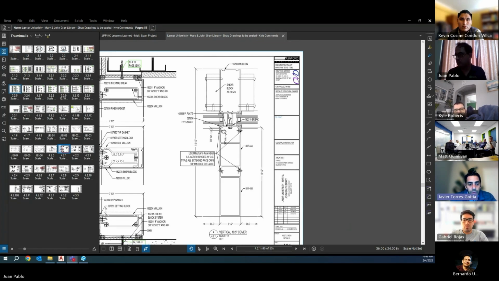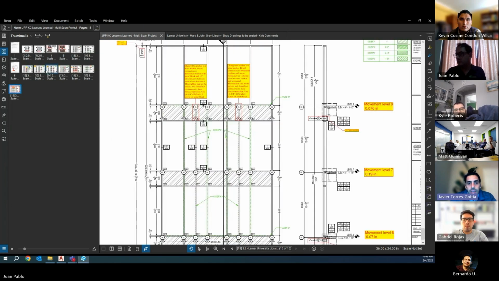So for option A to work, that was the most important step.